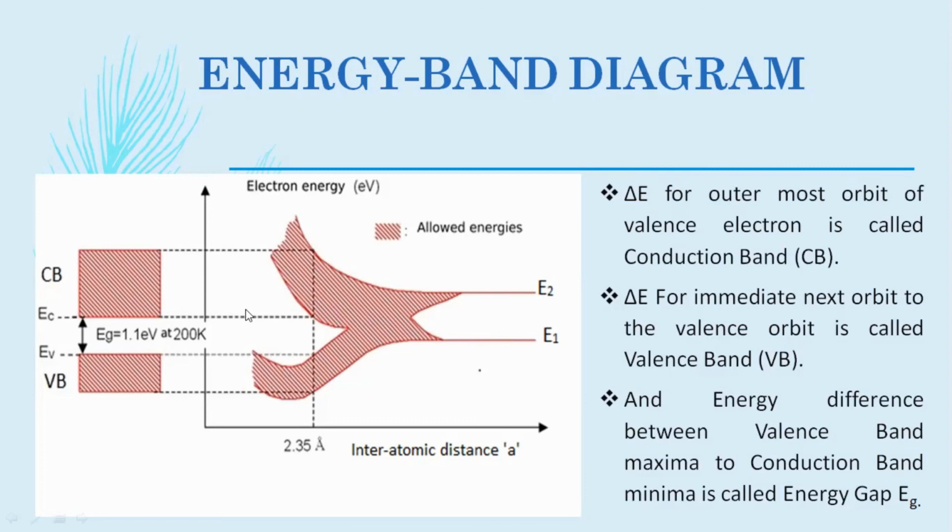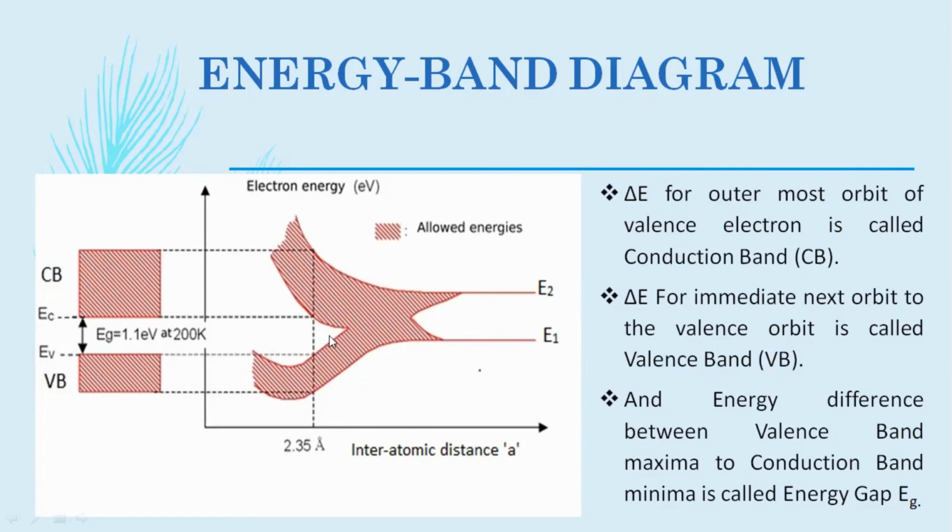the energy level gets split. Ultimately, for a particular interatomic distance, say some particular material has 2.35 angstrom interatomic distance. For this material, it has a conduction band energy range like this. You have some valence band here.